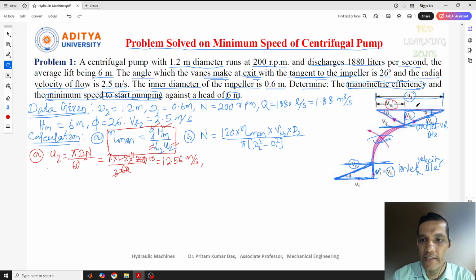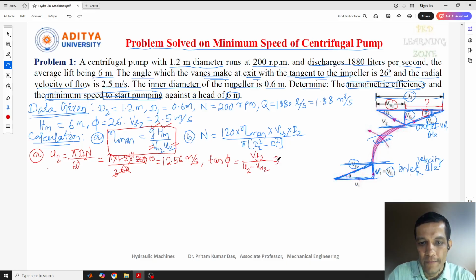If I consider the tan phi angle, because the phi angle value is given in this question, then at the outlet condition we can write the formula: tan phi equals VF2 divided by the base. But this base is not known to us, so on behalf of this we can write U2 minus VW2. We can find it out because the remaining values are known to us. The only unknown is VW2.